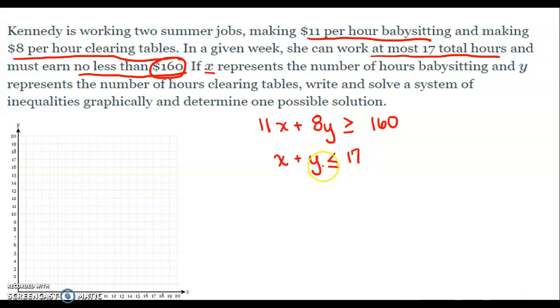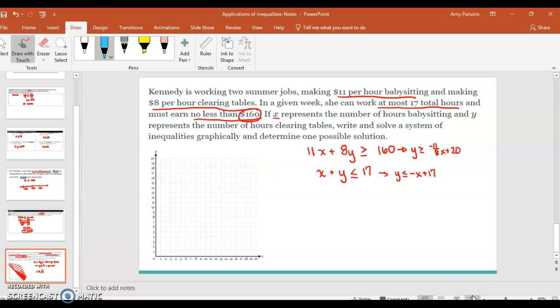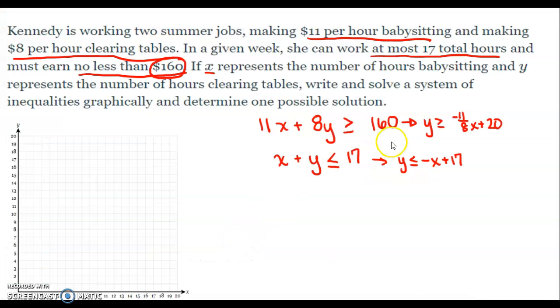It cannot be more than 17. So we are going to solve these equations. All right, so if I solve these real quick, I get y is greater than or equal to negative 11 eighths x plus 20, and y is less than or equal to negative x plus 18.